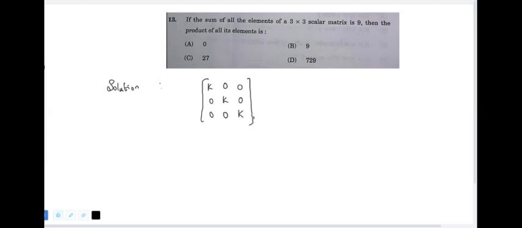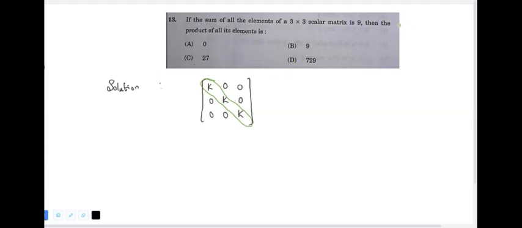A scalar matrix is a square matrix in which the principal diagonal will have the elements and all other elements will be 0. Then it is said to be a scalar matrix.